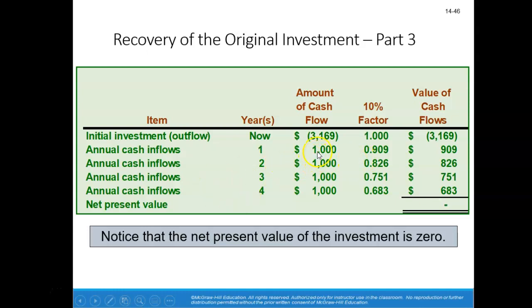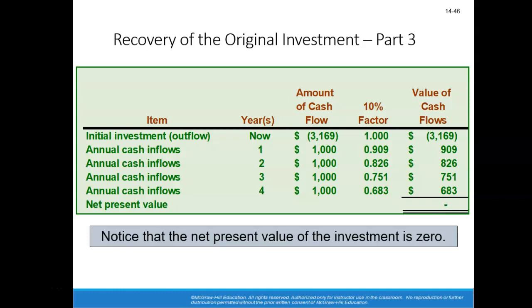Or because we're going to receive $1,000 each year for 4 years, you can look at your present value of the annuity table. You will just look at 10, and for 4 being N, when you add these 4 all together, it'll give you the total of that factor if you use the annuity table. But what we see here is that our net present value is 0. What does that mean?